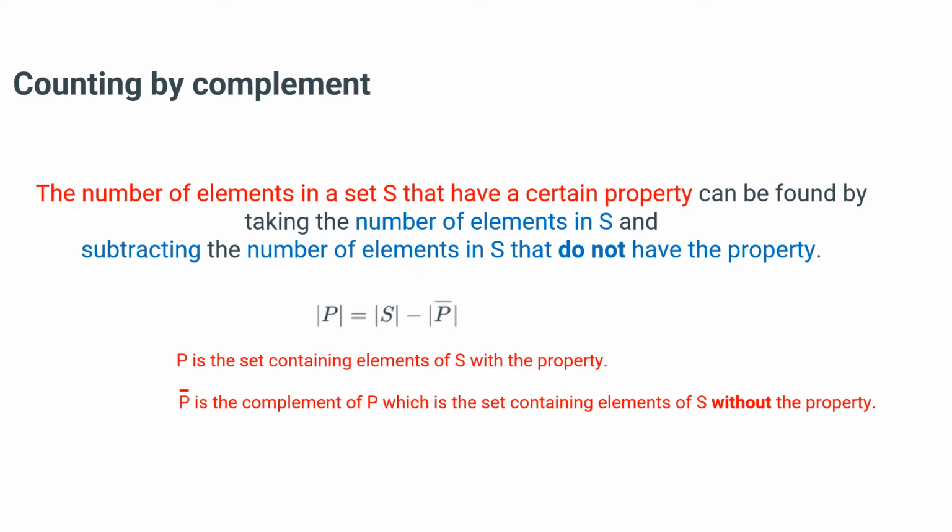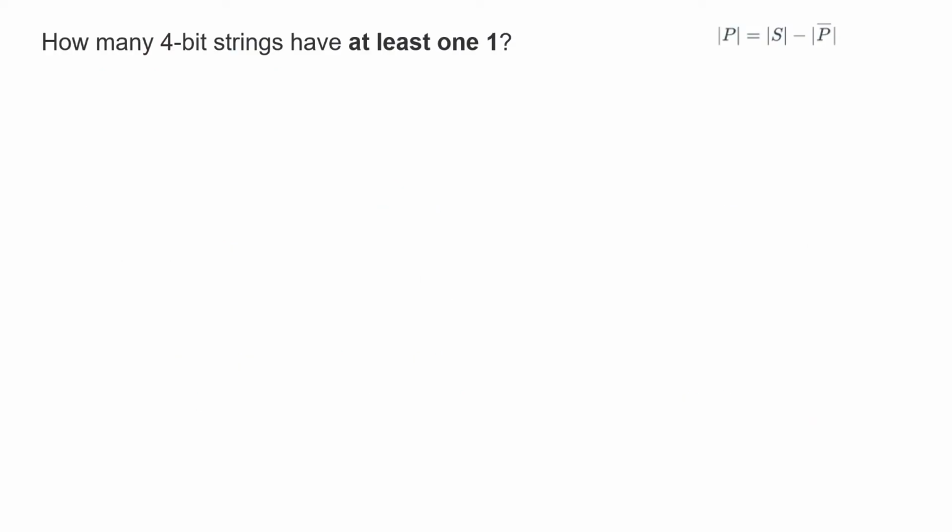Okay, so sometimes this really helps us to turn something into a pretty easy problem, and we'll see some examples here. So let's say that we're trying to answer this question. How many 4-bit strings have at least one 1? Now remember, the 4-bit strings we would be talking about would be strings of zeros and ones, and there would only be 4 digits because it's a 4-bit string.